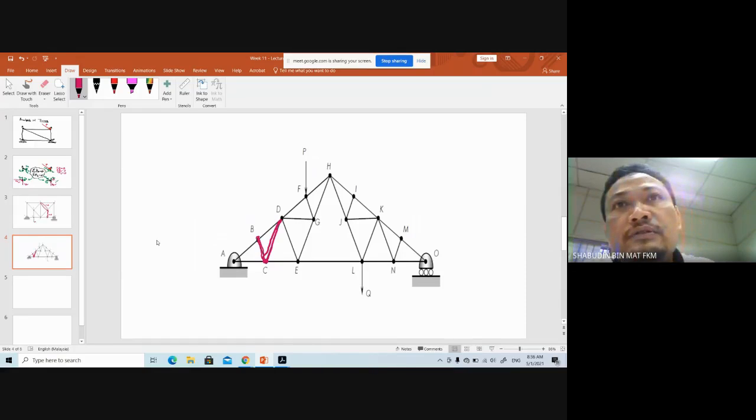That one also 0. Look at the point M. Look at point H. When that one is 0, that one also 0. No force there.